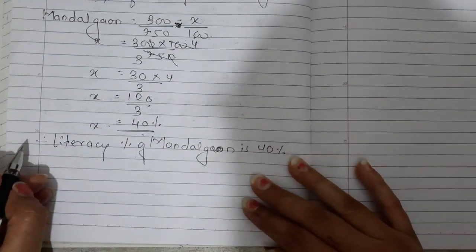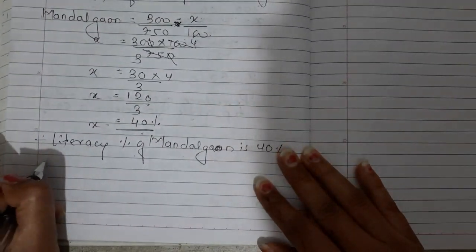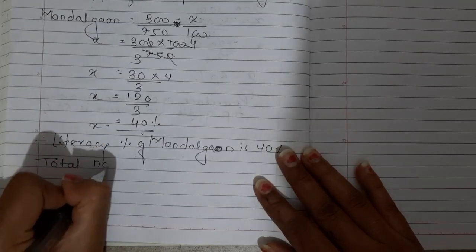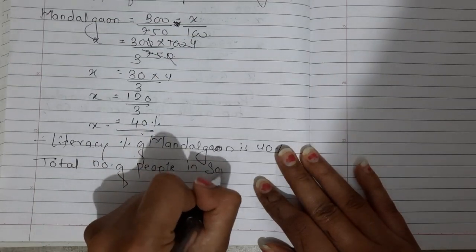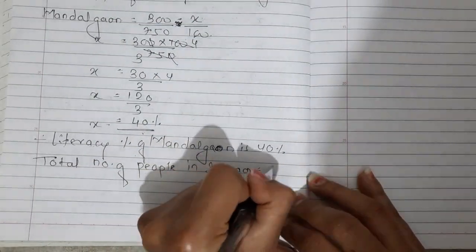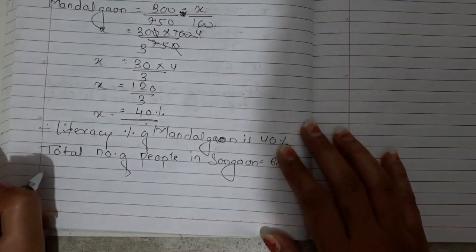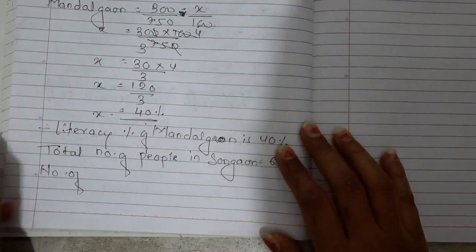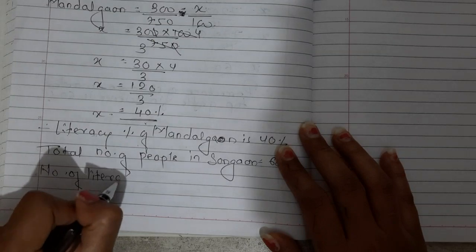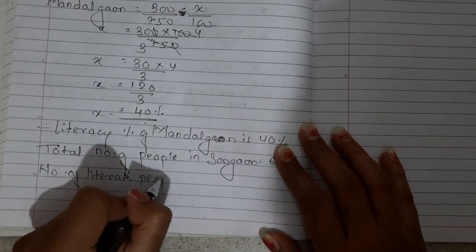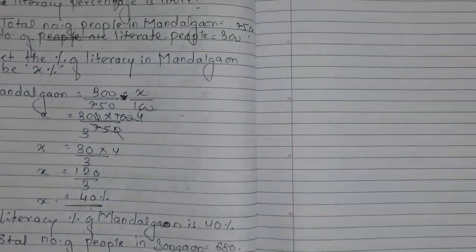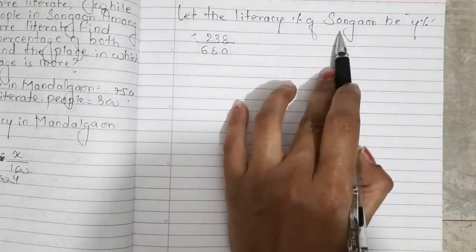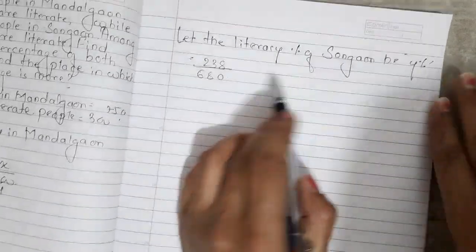First we will write down the total number of people in Songaon, 680, and the number of literate people, 238.